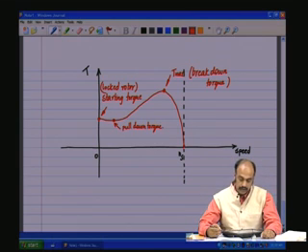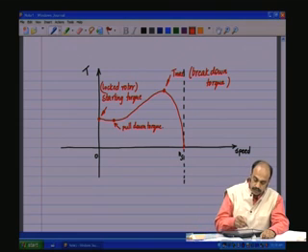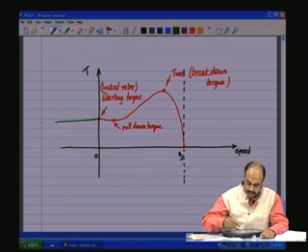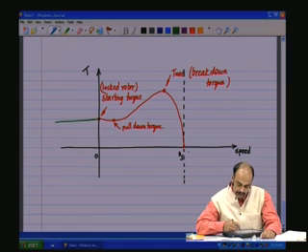So now if we extrapolate this into the braking zone, you will see that the torque continues in this direction, and in the generating zone it is a mirror image.